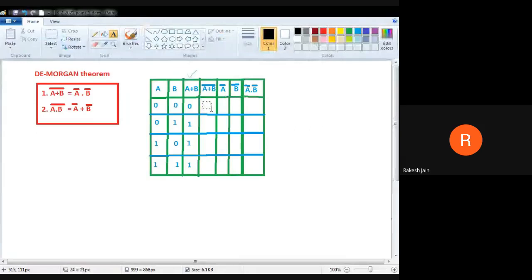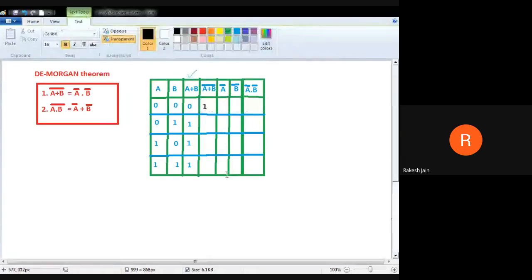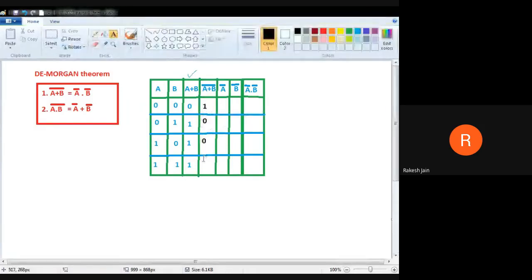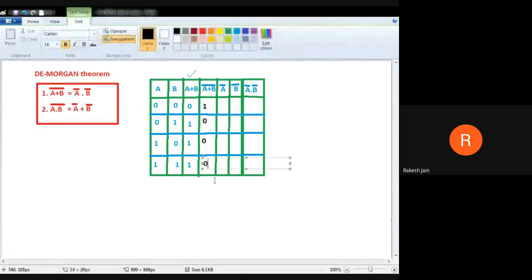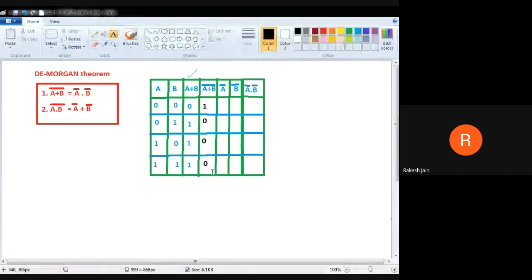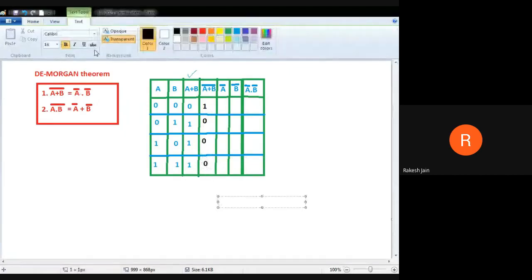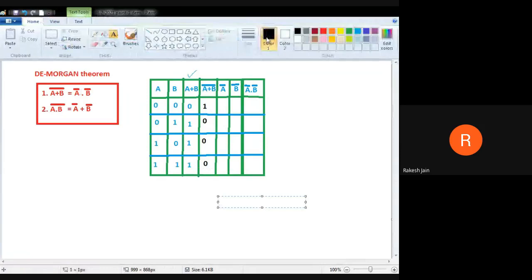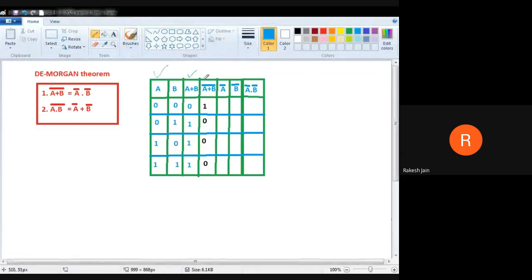I am writing it because it is the LHS side, so I write it with black color. A plus B is 0, that's why it is 1. A plus B is 1, that's why it is 0. A plus B is 1, that's why it is 0. A plus B is 1, that's why it is 0. So this is my LHS side, 1 0 0 0.